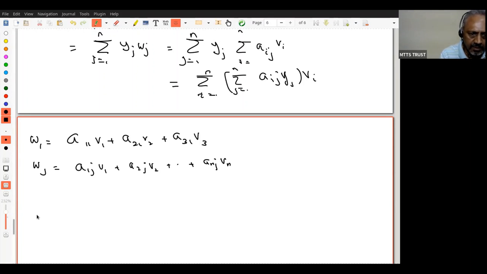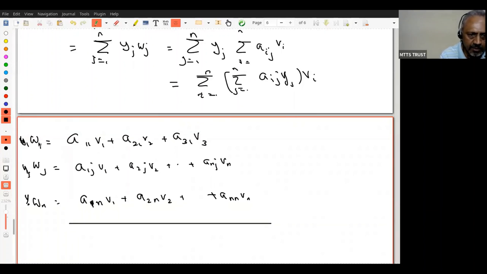Now when I write this, what will I do? I will add wn equal to a1n v1 plus a2n v2 plus ann vn. When I add these things, y1 times, y2 times, yj times, yn times, I'm adding only the v1 coefficients.